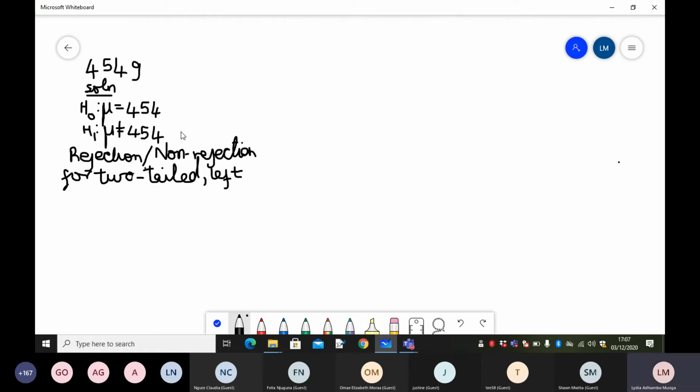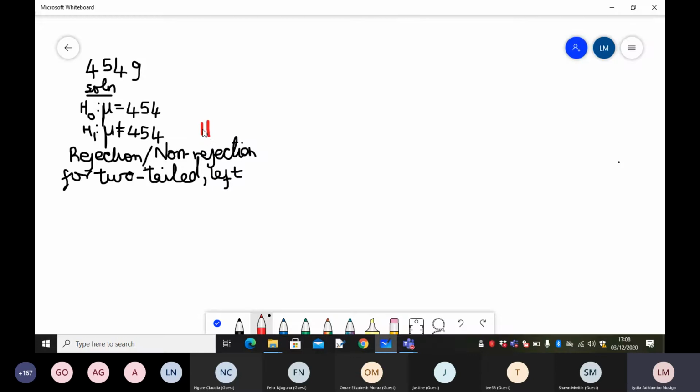If the question was that a company produces 454-gram bags and insists that the mean net weight of the bags is greater than, then the alternative would have been H1 is such that mu is greater than 454.